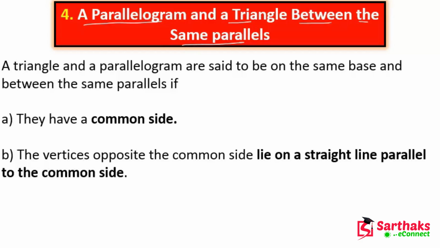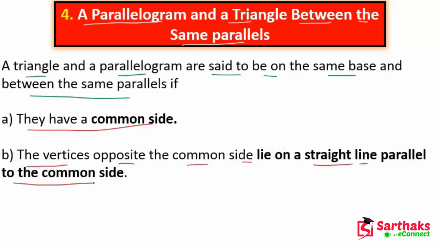A triangle and a parallelogram are said to be on the same base and between the same parallels if we have two conditions. The first condition is that they have a common side, and the second is that the vertices opposite the common side lie on a straight line parallel to the common side.